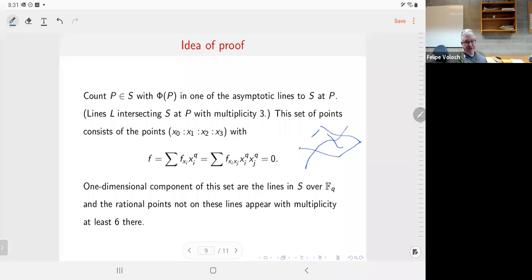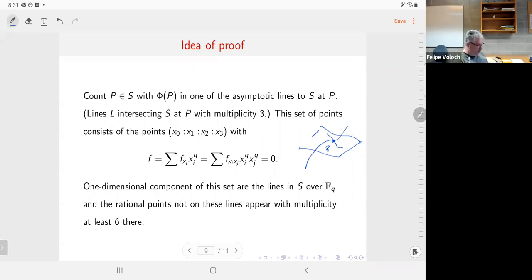My drawing is terrible. The intersection of the surface with the tangent plane at P is a curve that is singular at P.